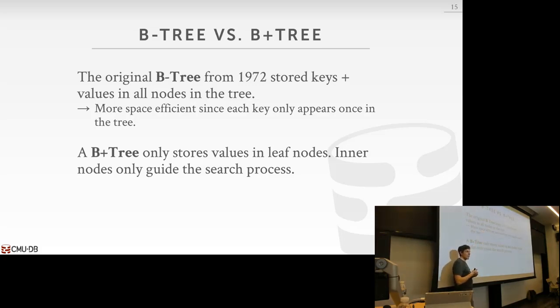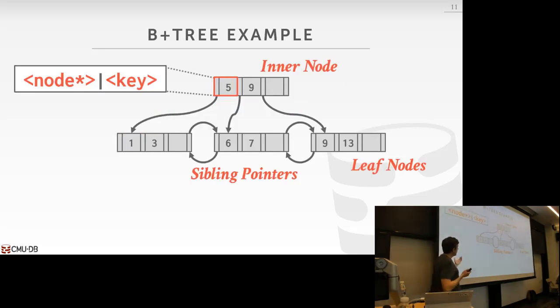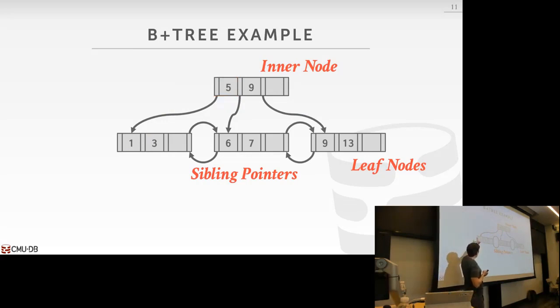Yes? Could you repeat what you said about duplicates in the B+ tree? Yeah. So her question is, can I repeat what I said about duplicates in a B+ tree? Going back to this guy here, this is a B+ tree. The keys that I'm trying to index are 1, 3, 6, 7, 9, 13.